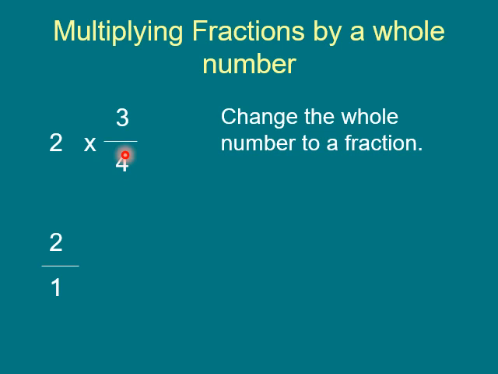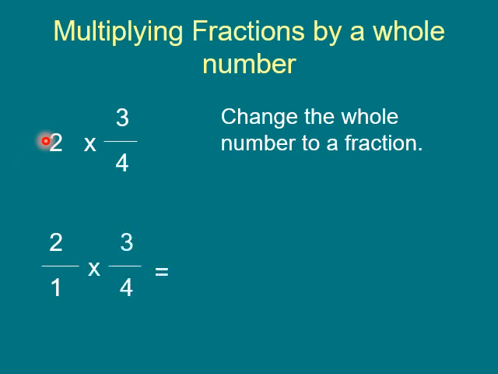So, ibig sabihin, si 2 magiging 2 over 1. Why is the denominator 1? Because 1 is the identity element. And any number that is divided by 1, the answer is always itself. So, for an example, 2 divided by 1 is also itself, which is 2.